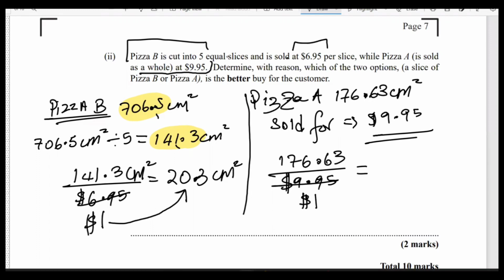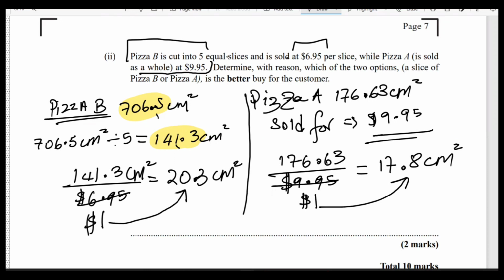So 176.63 divided by 9.95, and we're actually getting 17.8 cm squared for $1 here.